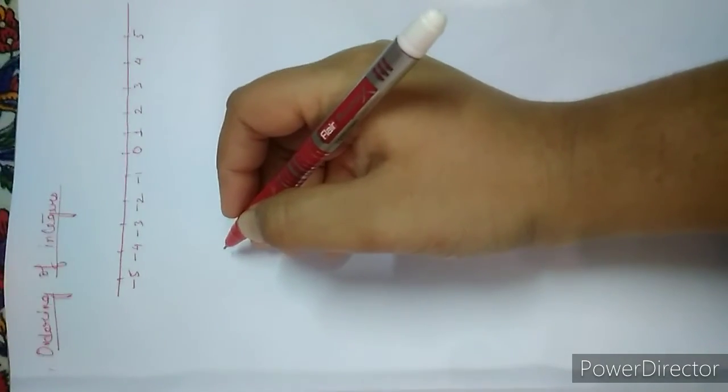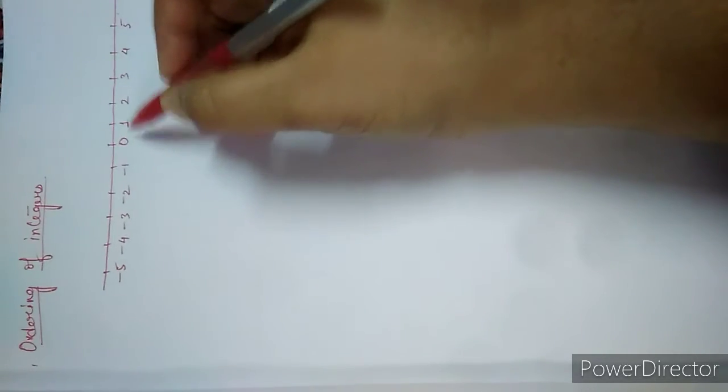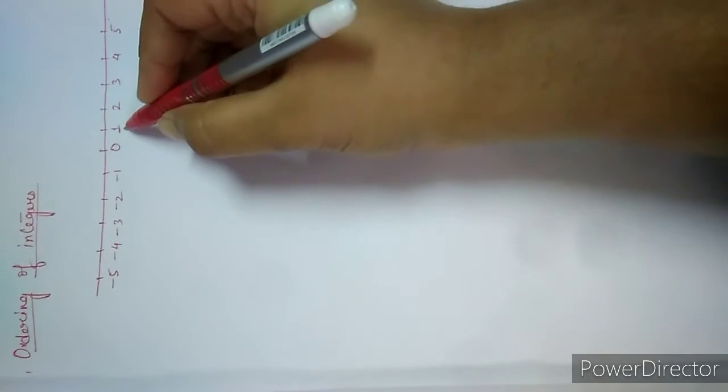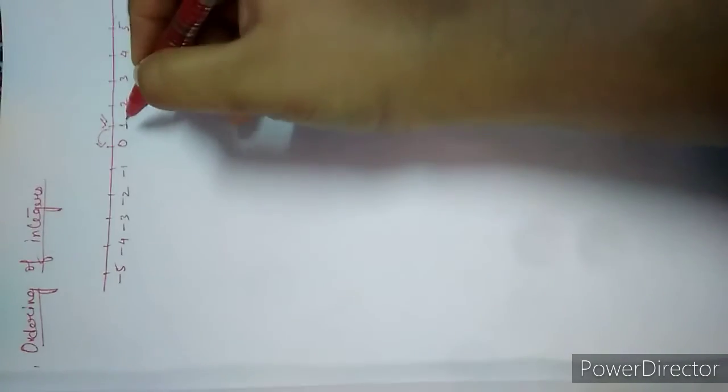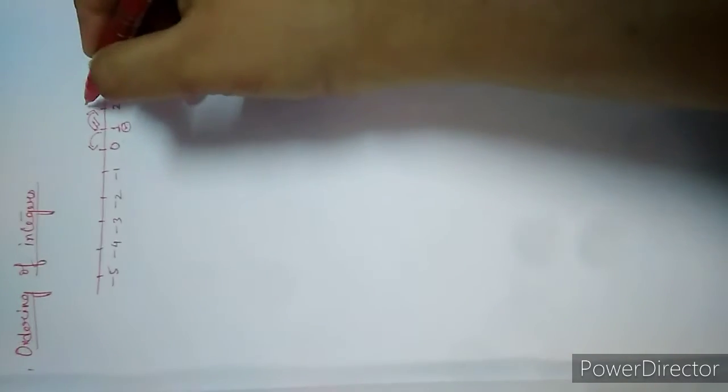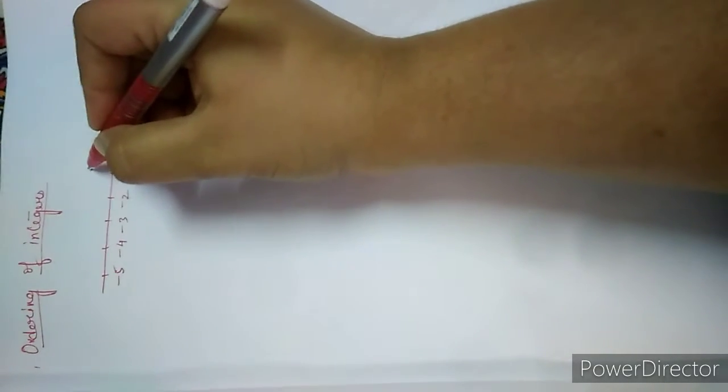I want you all to know that for every number, suppose this 1, the left side is always smaller than this number and the right side of this number is always greater than the number.